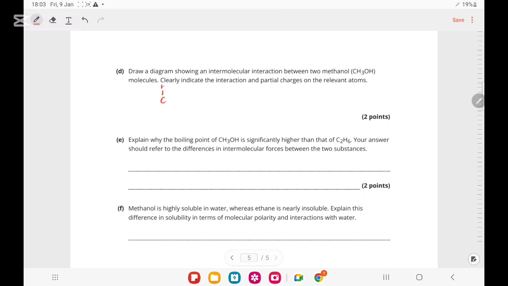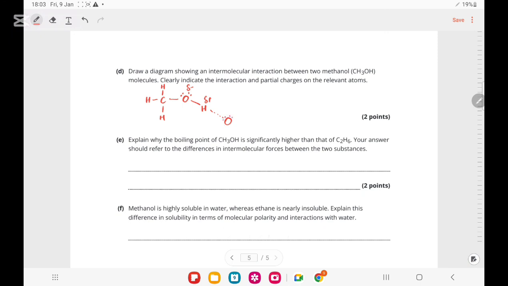This is methanol with oxygen, lone pair on oxygen, and hydrogen having a partial positive charge while oxygen has a partial negative charge. It is going to develop a force of attraction with another oxygen that has a lone pair.